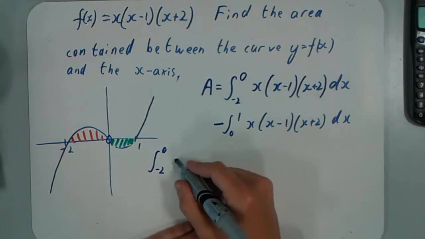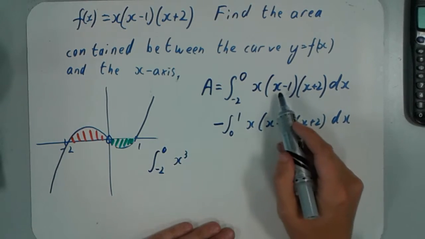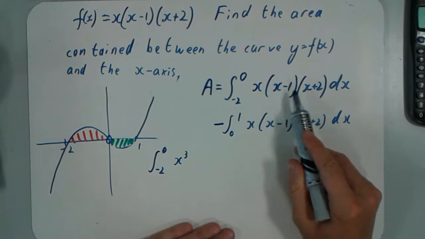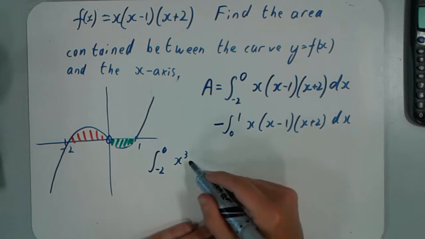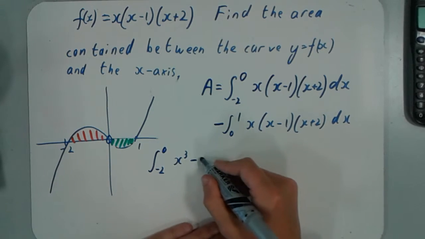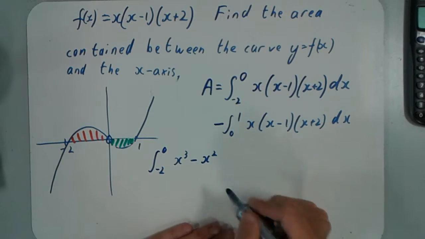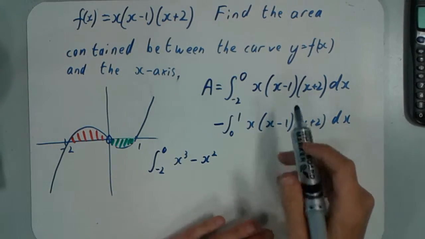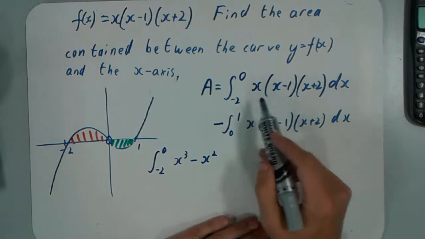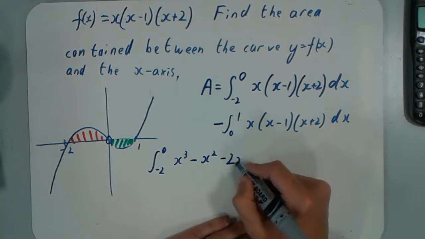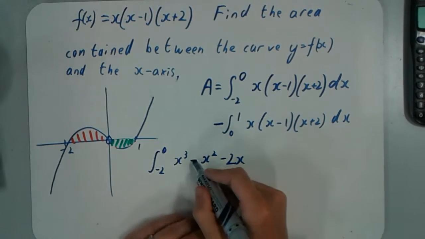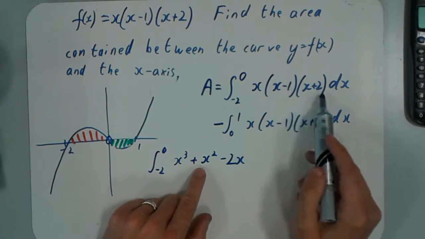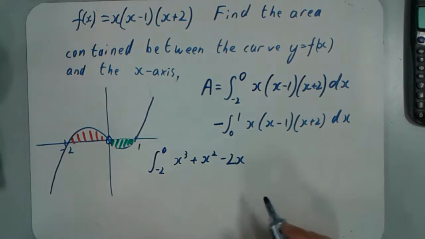So I'm going to get an x cubed. I would get minus x if I expanded these brackets. Times by x again gives me minus x squared. And then I would get a minus 2. Again times the x, I get minus 2x. Sorry, there I would get a positive x. So I get positive x squared.